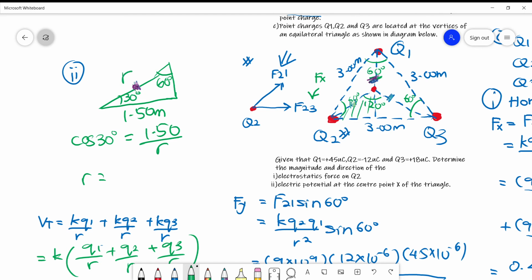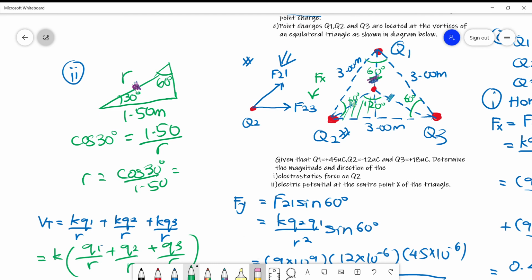So this one should be the R. So this one is cos 30 divided by 1.5. Okay, so is it correct?